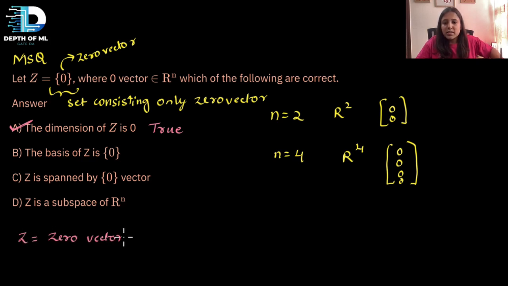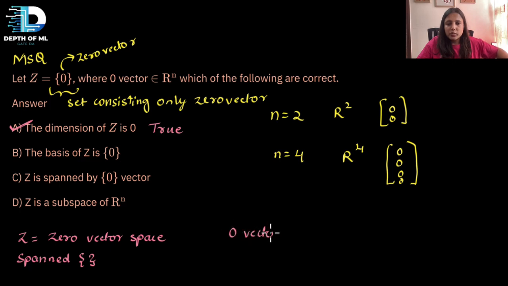Now this 0 vector space is kind of special because, first of all, it is spanned by the empty set. We know that in the basis we can only have linearly independent vectors, right? Now the 0 vector is dependent by its nature. So the 0 vector is always a dependent vector. If your set consists of the 0 vector, then the set will always become a dependent set of vectors.